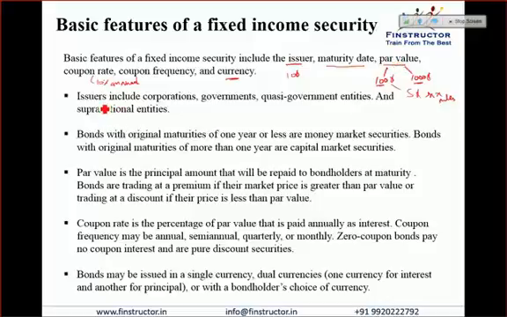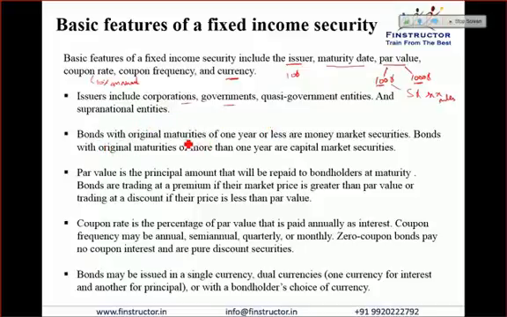Issuers include corporations, governments, quasi-government entities like municipalities, and supranational entities, for instance the International Monetary Fund or the World Bank, etc.